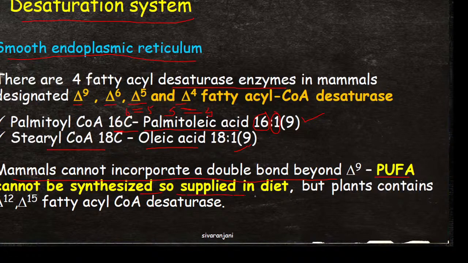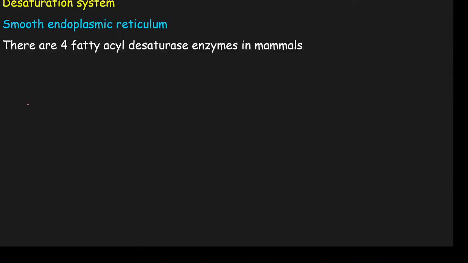So they have to be supplied in the diet, but plants contain delta 12 and delta 15 fatty acyl CoA desaturase enzymes. Hence, if we consume plants containing polyunsaturated fatty acids, we can get polyunsaturated fatty acids.